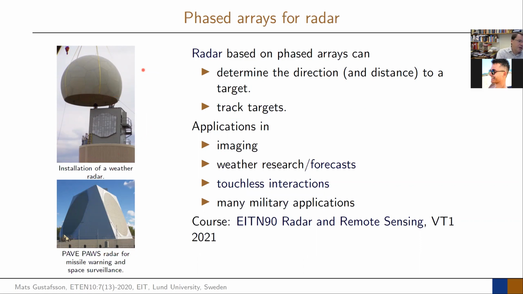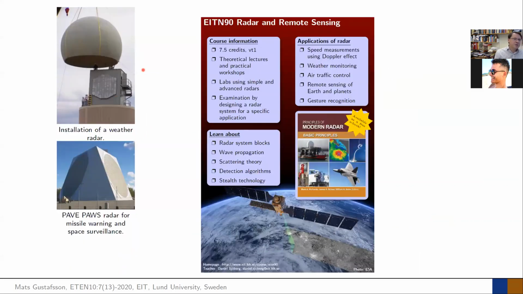And in radar, I will just mention, there is a separate course starting just after Christmas, which goes into radar and remote sensing. What are the basics of a radar? How can you use a radar? And what can you do with it? For example, a satellite radar can look down on Earth, and you can see, for example, plants. You can see how they are growing on Earth from these systems.